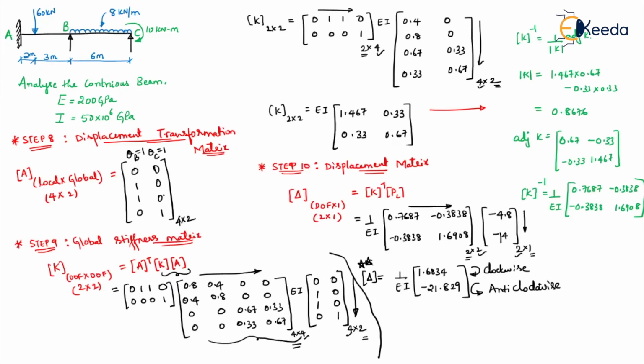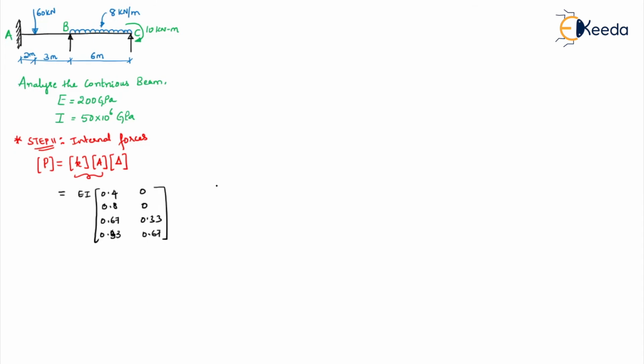Just check. Okay, correct. Then this should be multiplied by delta. So what is delta? 1 by EI into 1.6834 and minus 21.8, 82983 also you can take.